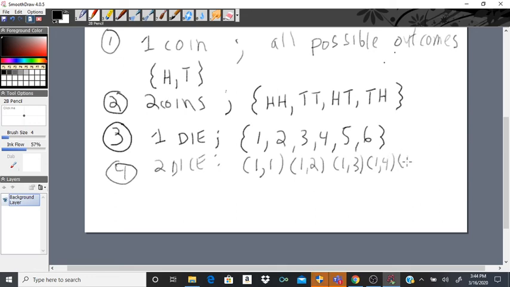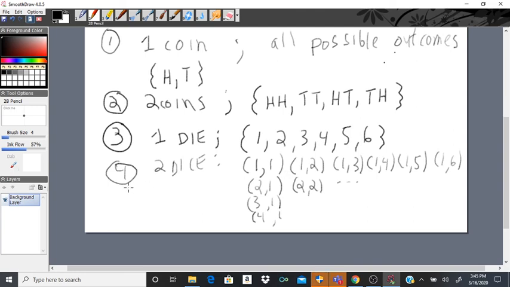The red 1, the blue 5. And the red 1 and the blue 6. And then it keeps going, and you can see where this is going. The red one could be 2 and the blue one could be 1. The red 2, the blue 2, etc. This would be true of 3 and 1, and then 4 and 1, etc.